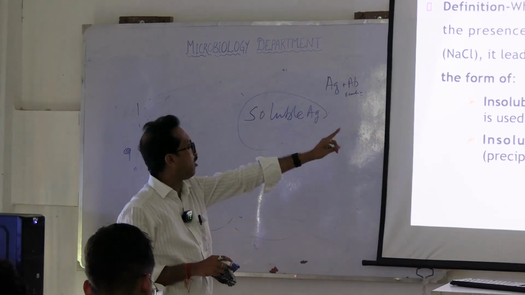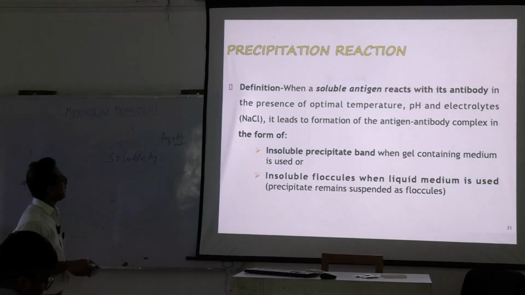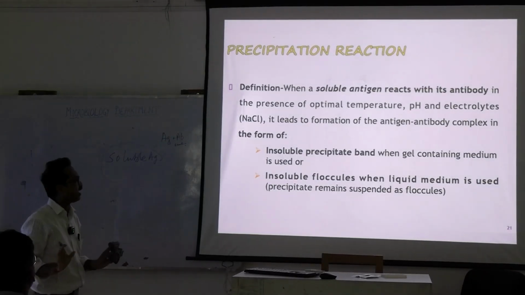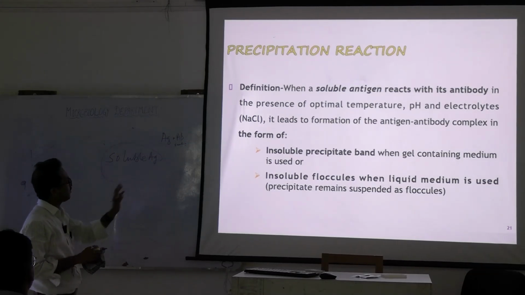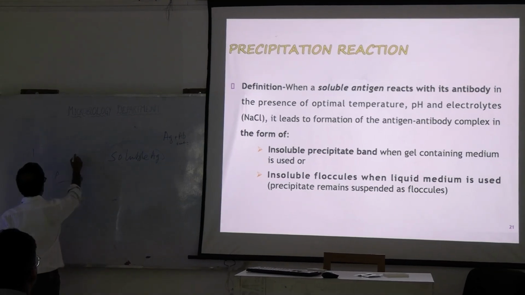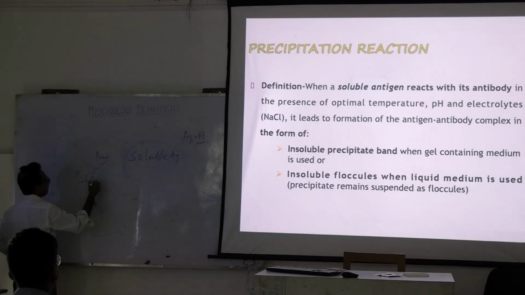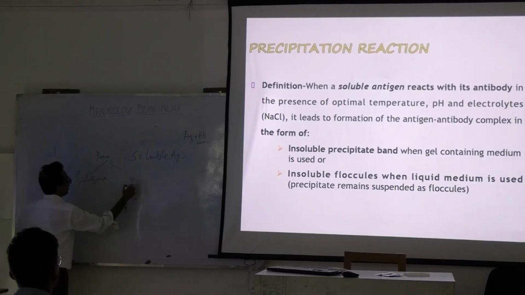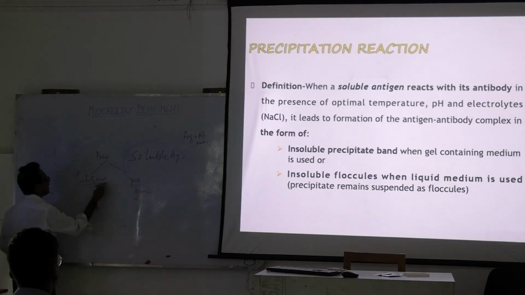This part is common to all serological reactions: at optimal temperature, optimal pH and in the presence of electrolytes, there is formation of antigen-antibody complex, an insoluble precipitate band and insoluble floccules. Two types of precipitation tests usually take place. One is in liquid media and another is in gel. When it is gel, we get a band, and in liquid we get floccules.